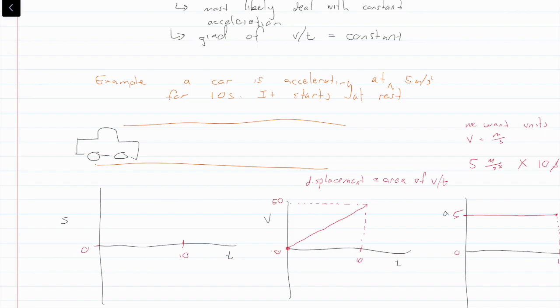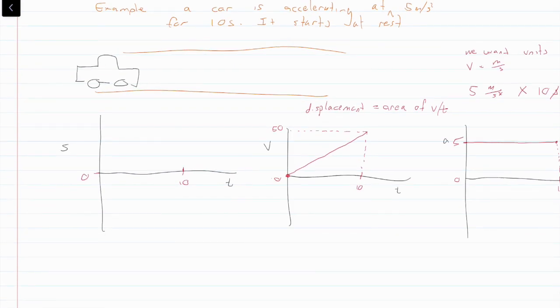The reason for that is I want displacement, which has units of meters, and I've got velocity in meters per second and time in seconds. If I multiply these two, the seconds cancel out and I'm left with meters. So what's the area under this graph? The displacement S is equal to a half times the base times the height. So that is 250 meters. At time equals 10, I'm at 250 meters.